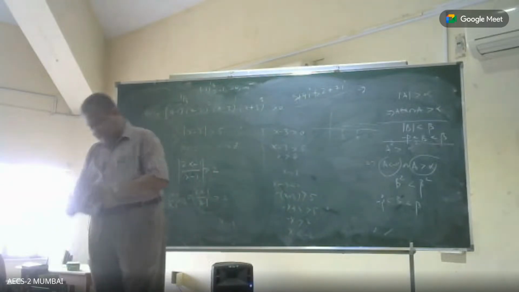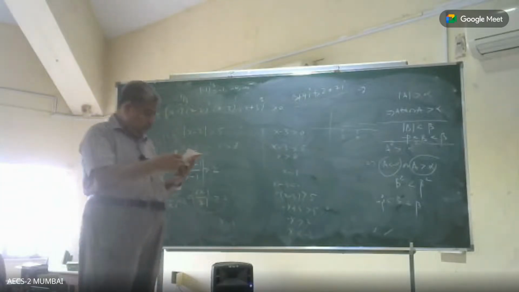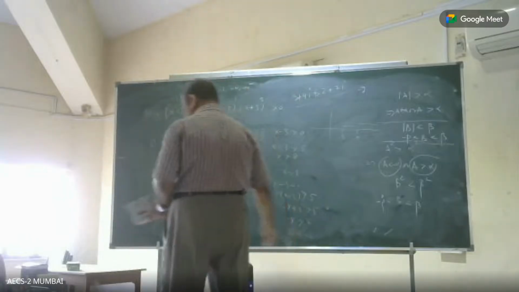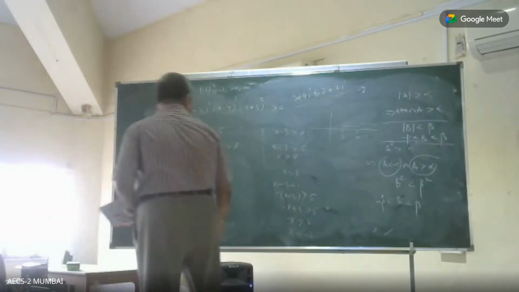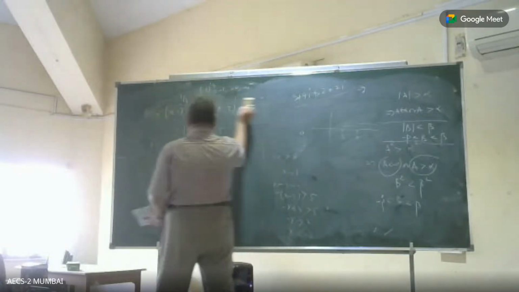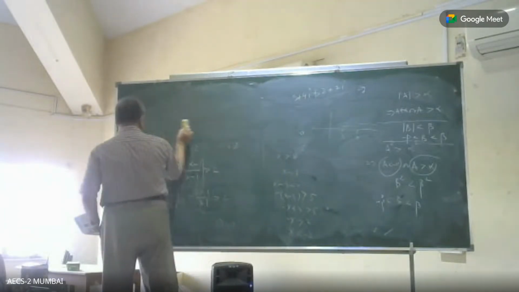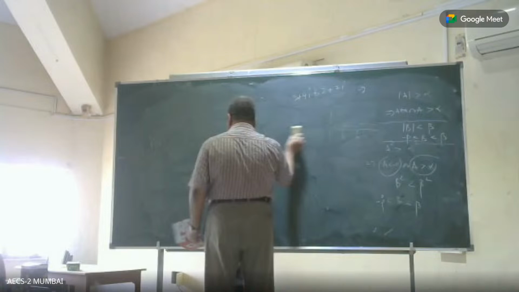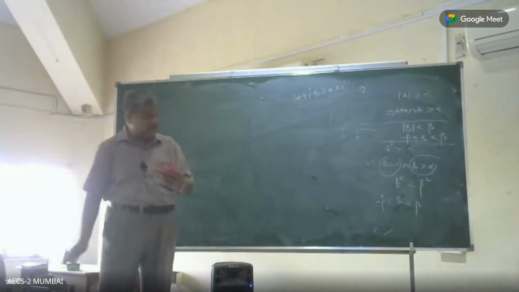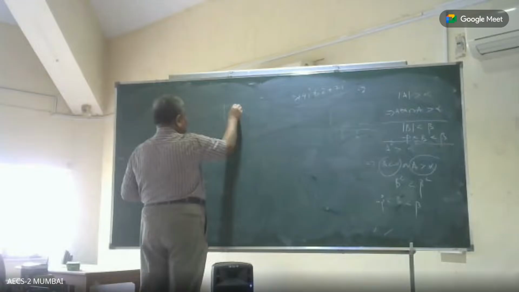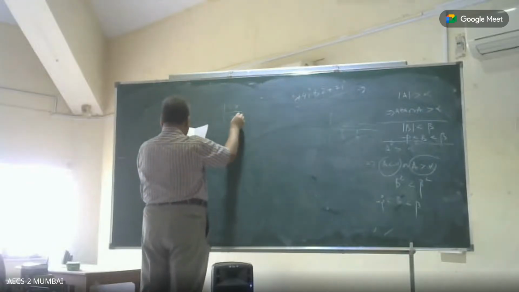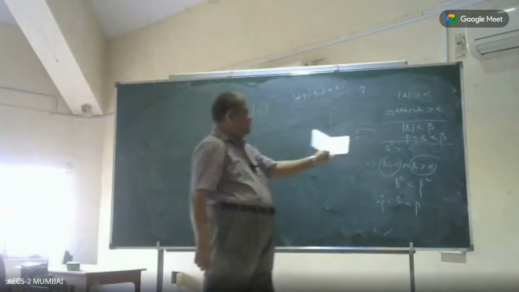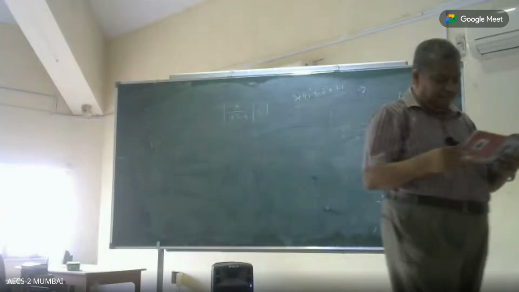Okay? Try to solve this one. Or okay, let me solve one more. It says mod of 3x upon x square minus 4 is less than or equal to 1.